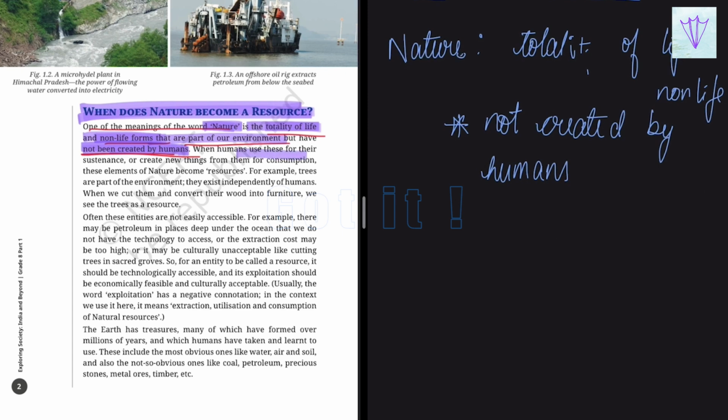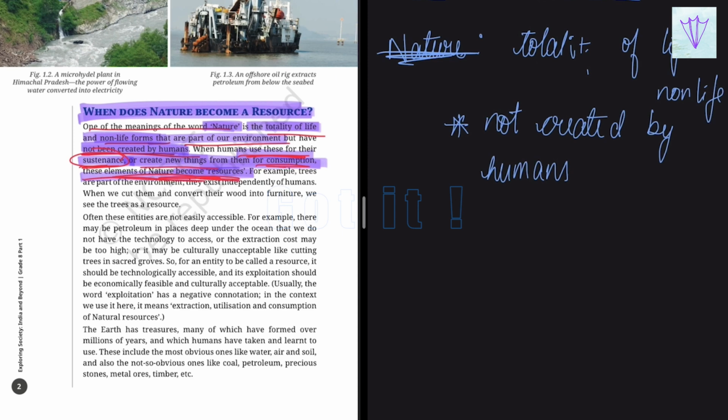When humans use these for their sustenance, that is for their survival, or create new things from them for their consumption, then these elements of nature become resources.